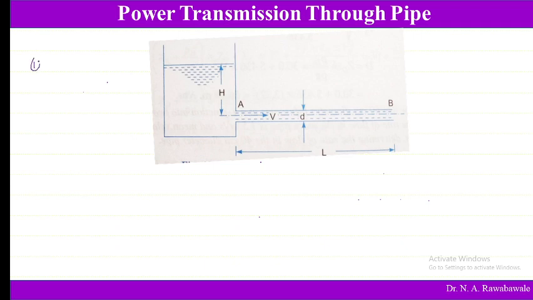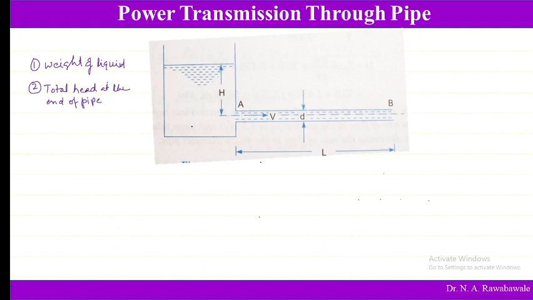First is the weight of liquid, and second is the power or total head available at the end of pipe. At the end of pipe, these two things play a very important role.